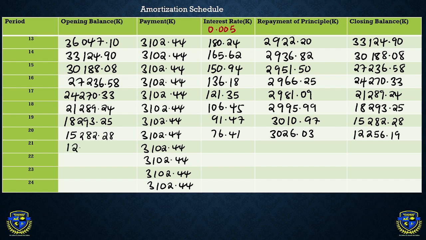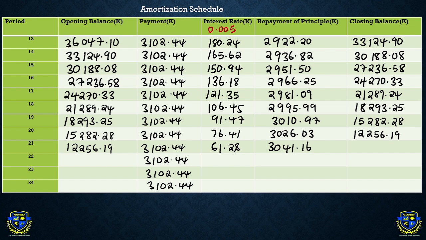It's 12,256.19. Okay, multiplied by the interest rate, which is 0.005 in period 21. That's going to give us 61.28. Okay, 61.28. Subtracting 61.28 from 3,102.44, that is going to give us 3,041.16.